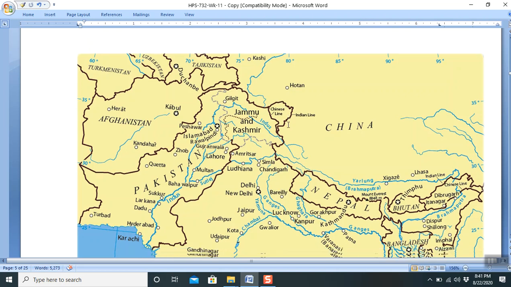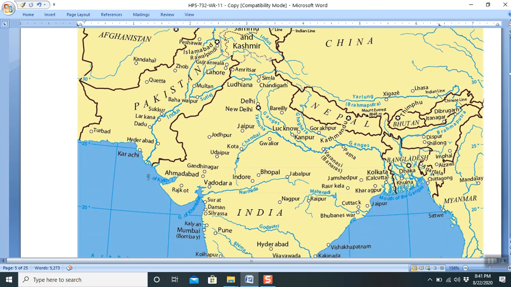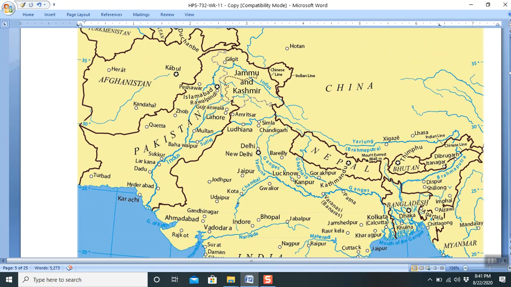And this is the line between Pakistan and Afghanistan, and this is called the international boundary.